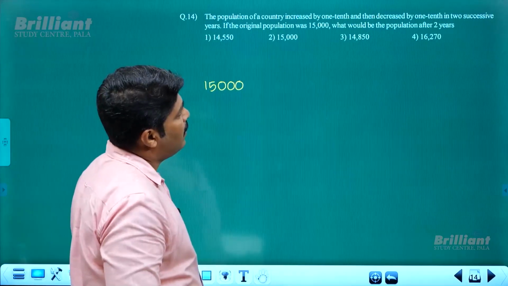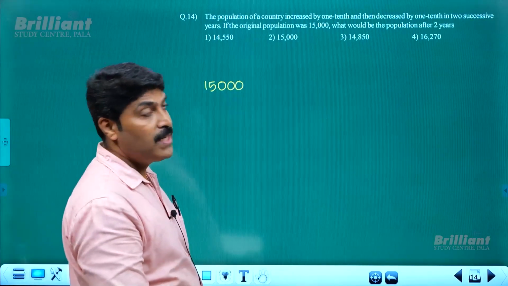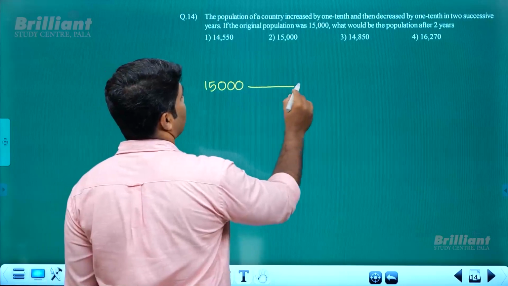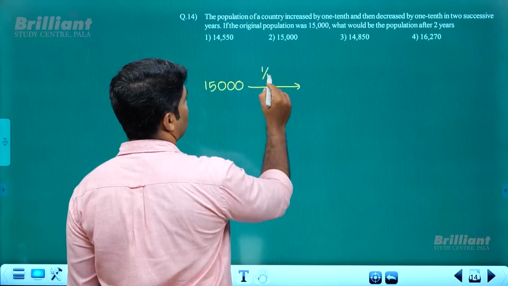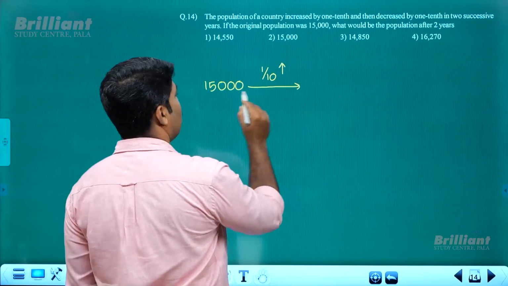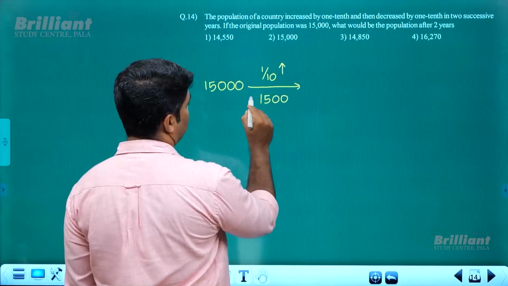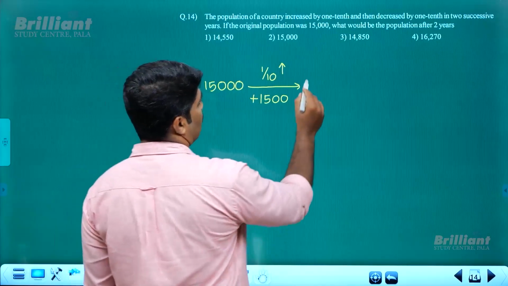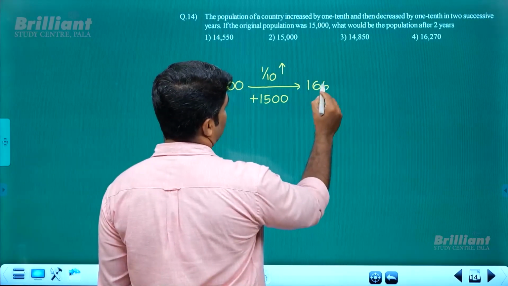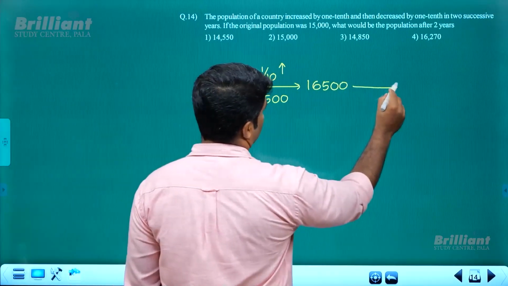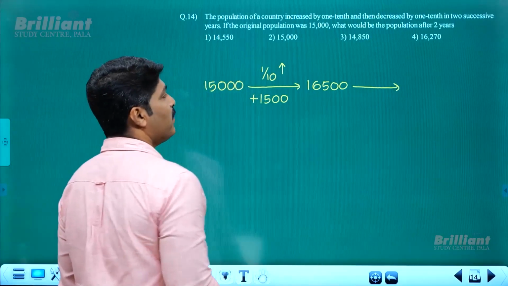It's increased by 1/10. What is 1/10 of this value? That is 1,500. Just add together, and it becomes 16,500.